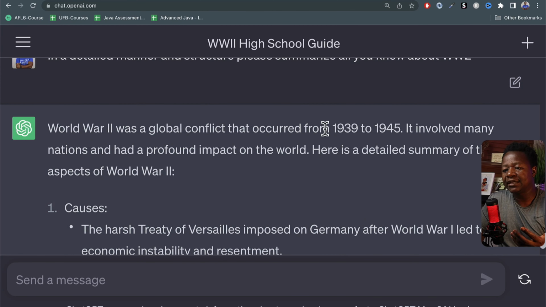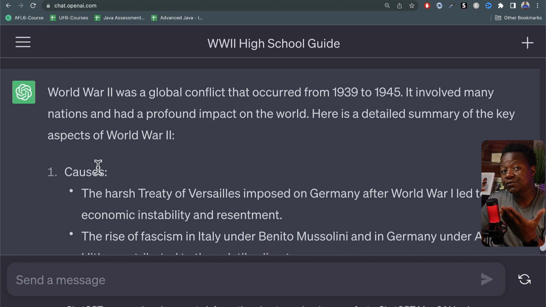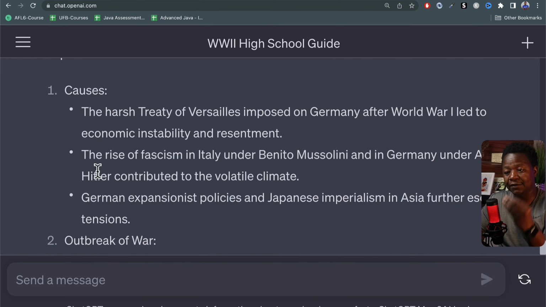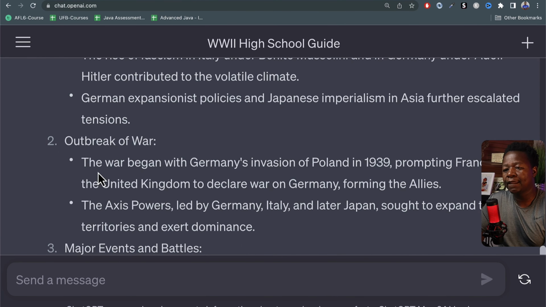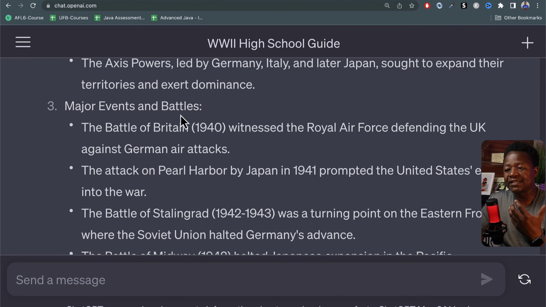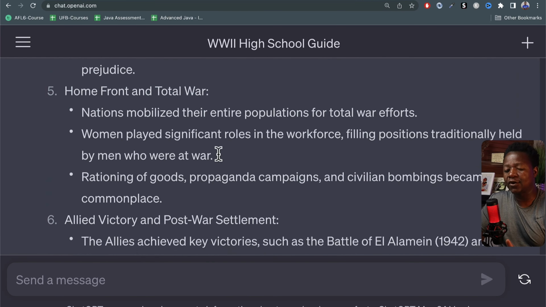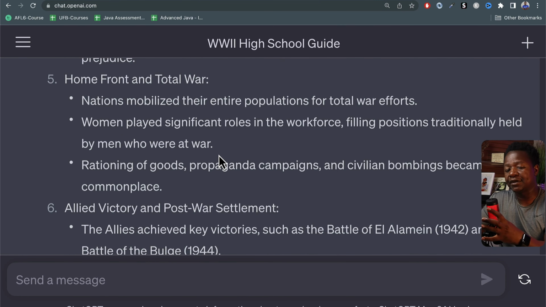It says World War II was a global conflict, and starts putting together the causes in a bullet point format. You also see the outbreak of the war, major events and battles, as well as the Holocaust and Nazi atrocities.